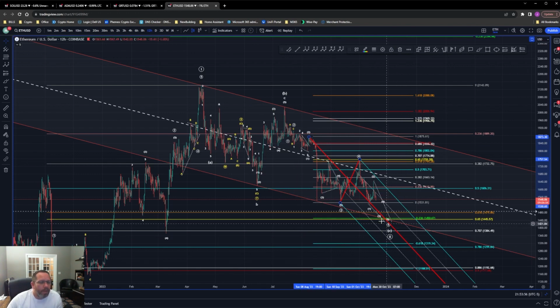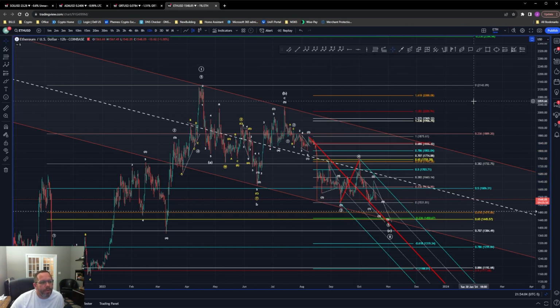So we got another little spot of confluence. We can say, well, we've also got the pitchfork median there. So what is that, 3 now? 3 or 4? Okay. Well, we're going to go to one more little bit of confluence. As I was mentioning up here with this B, I don't really personally like to see my flats go beyond 1618.